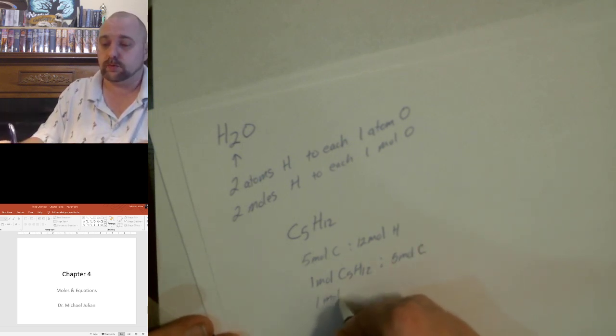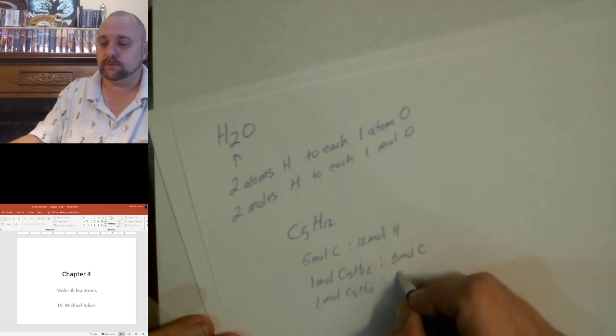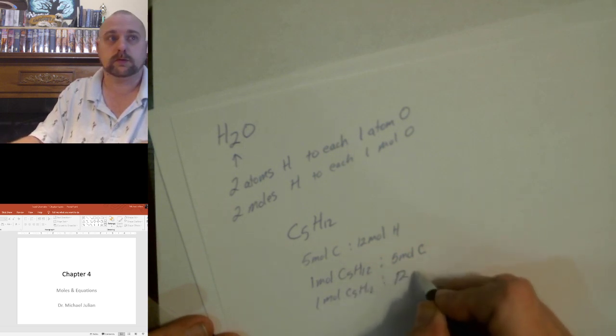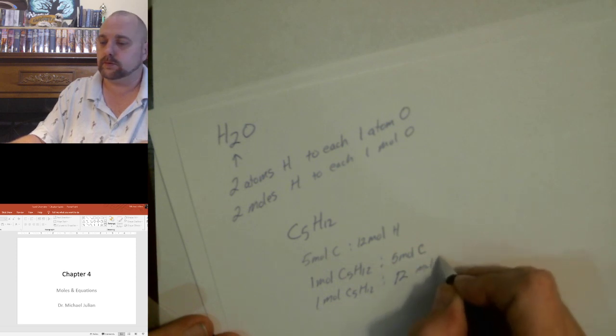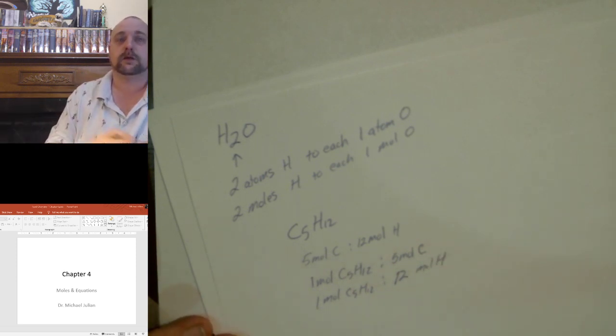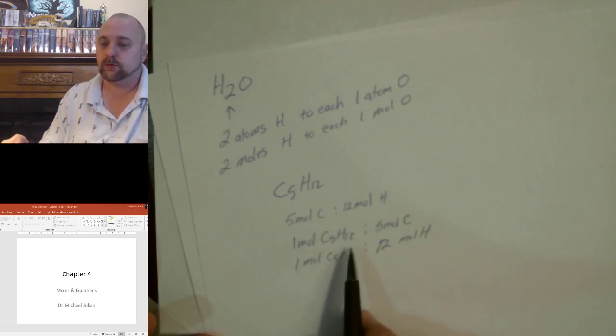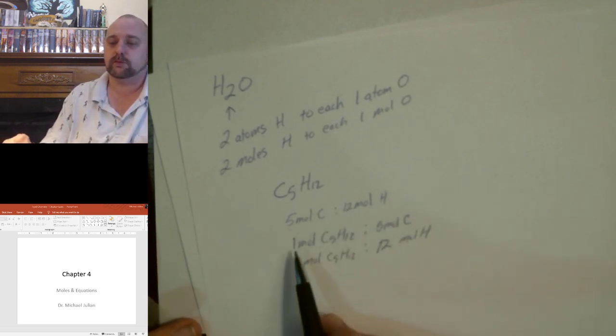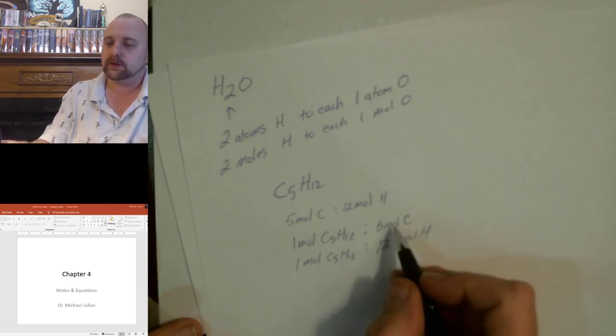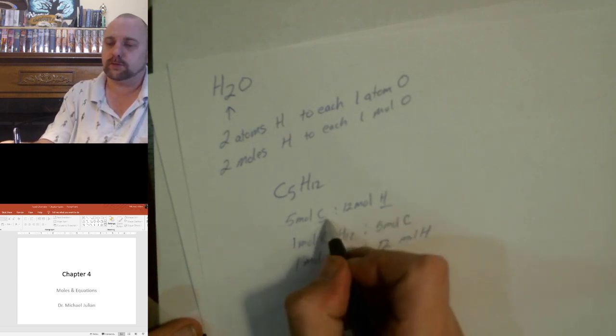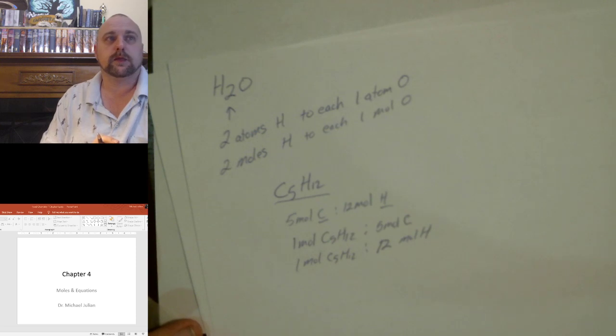In each 1 mole of C5H12, I have 12 moles of hydrogen. Alright, so trying to figure out which one you need is just going to be based off of the problem, and that's why I said it is so important to get used to writing the things at the end besides just the units.